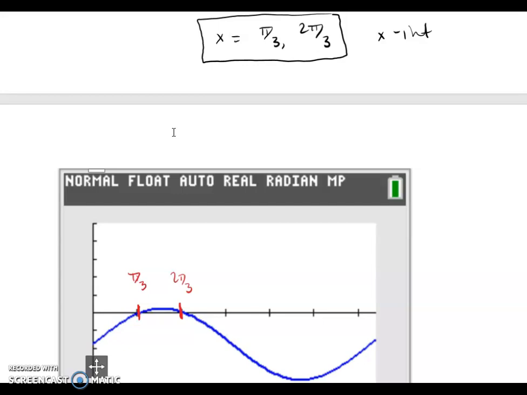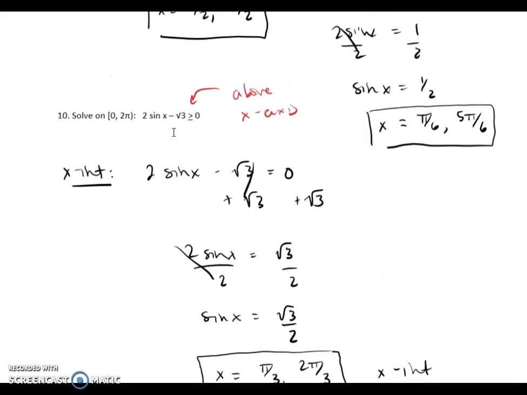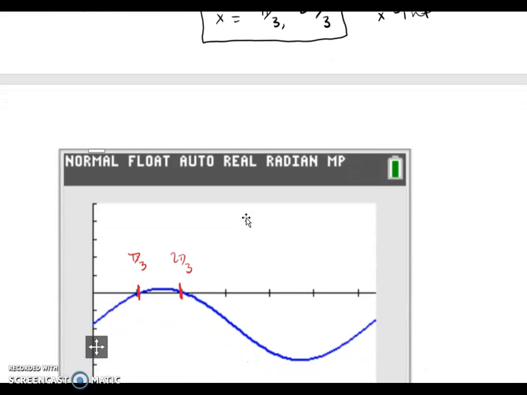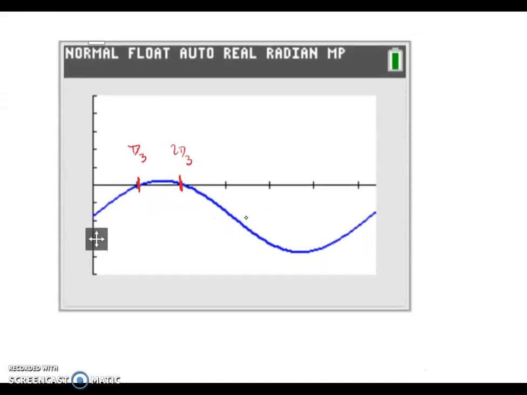Then we scroll back up and remember that we are also looking for where it's above the x-axis. Looking at your picture, above the x-axis is right here. That red part is what I'm looking for. So I'm going to go from pi over 3 to 2 pi over 3. Writing the interval, we always go from left to right.